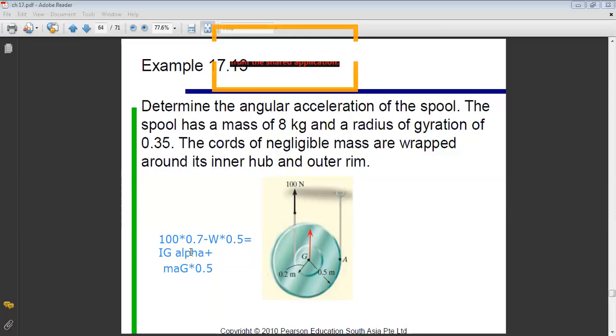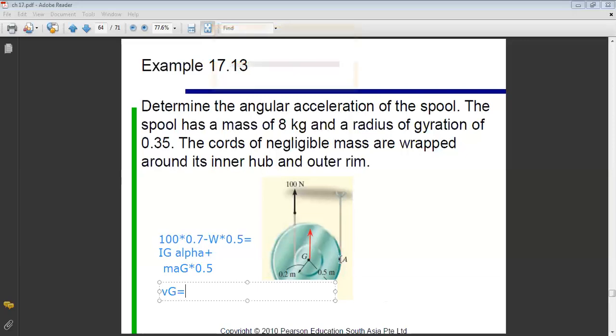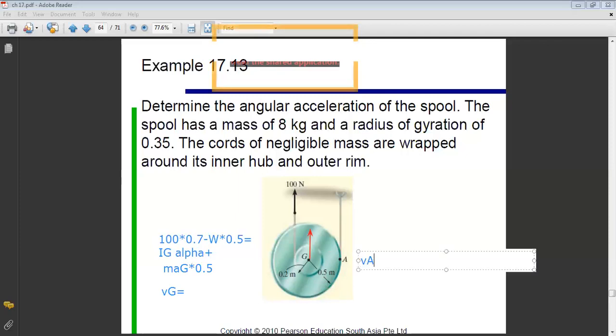To find a relation between AG and alpha, I should find where my instantaneous center is. What is the velocity of G? Is your instantaneous center at A, yes or no? Yes, as it is rotating about A. Since VA is 0, A is the instantaneous center, the IC.